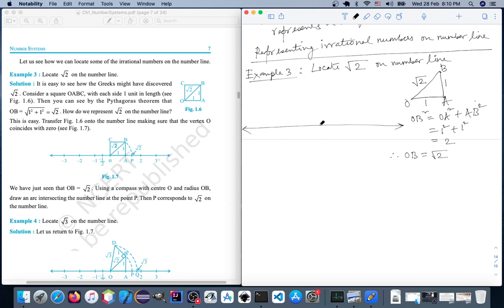If we mark the origin point O, this is origin, we take a unit distance and represent the point 1 at unit distance from O as A. So this is point A, this represents the number 1. Then what we do is we draw a perpendicular on the number line at point A, and the perpendicular should be of unit distance. So we draw a perpendicular.